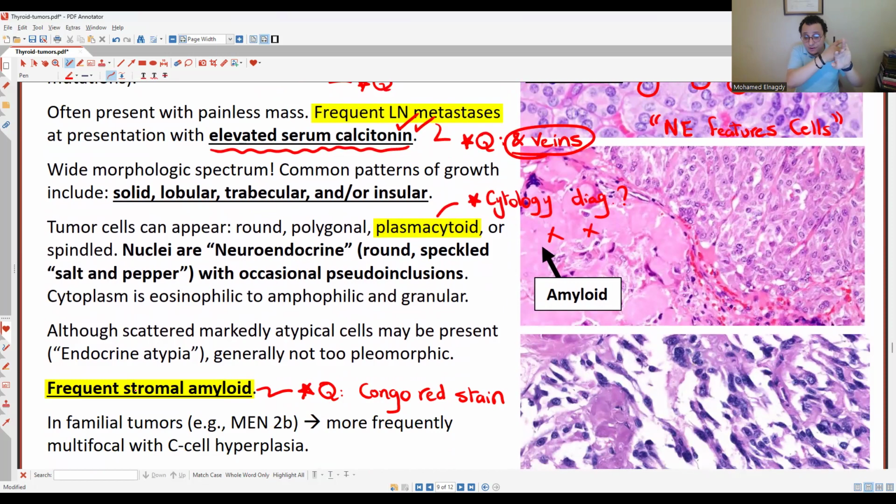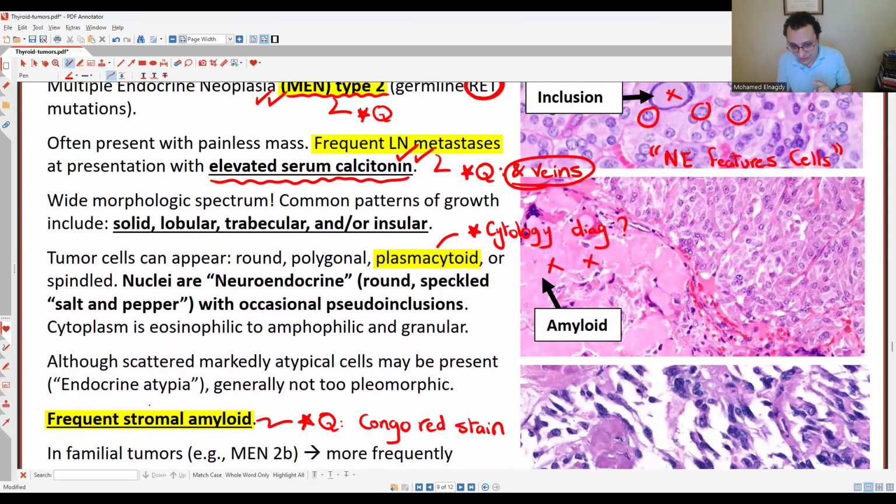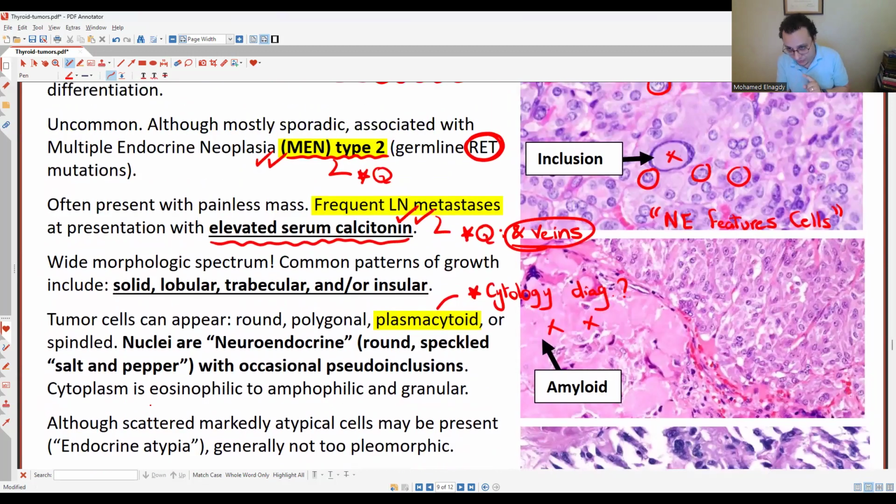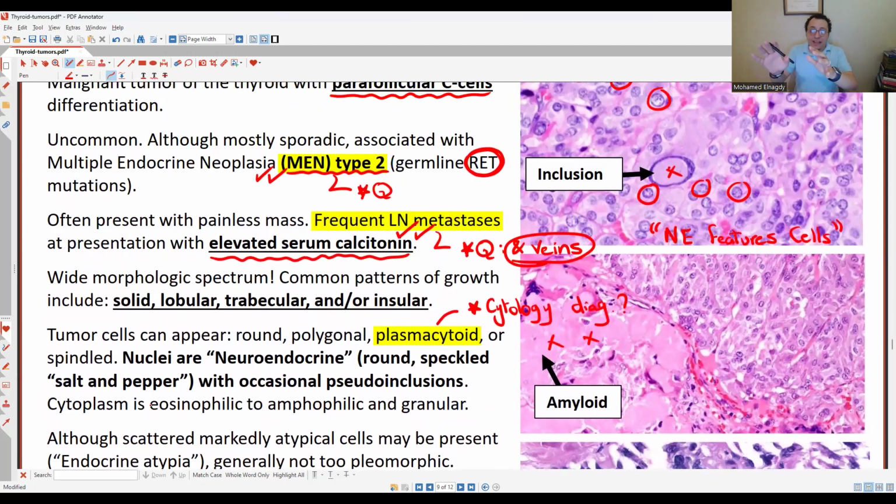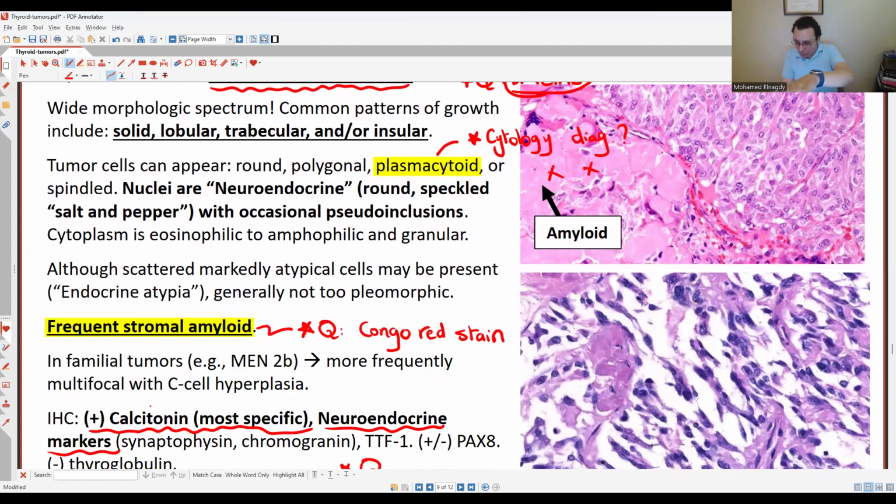Amyloid is very important, and it shows Congo red stain with apple green birefringence. It has a lot of variants and patterns. It might appear as the classic carcinoid-like tumor, with organoid, insular or nested architecture with amyloid in between.